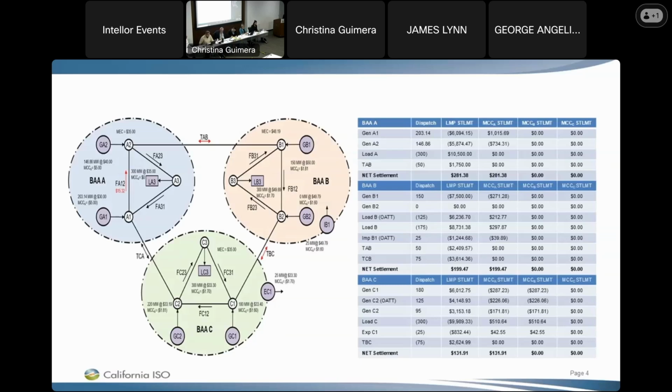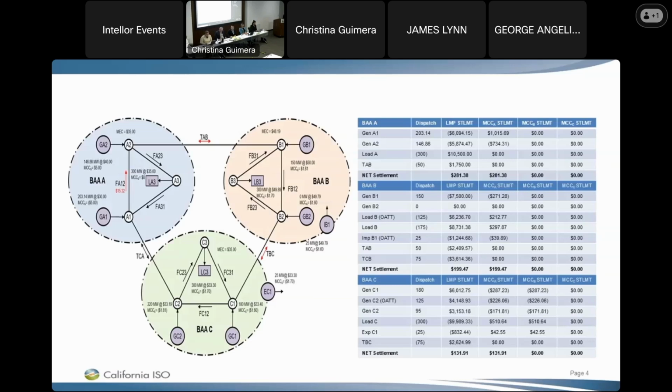I should have had parentheses around generator C. So that should be a payment of $6,012.75 with congestion exposure of $287.23 in BAA. And that's a carryover, so that should be zero in BAB. My cells didn't work right.